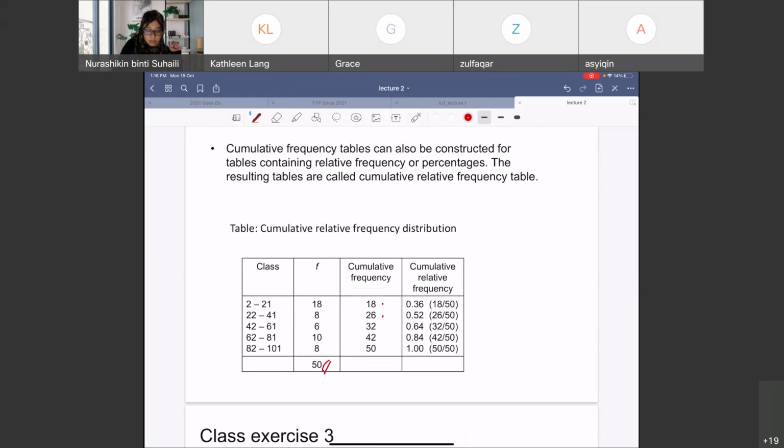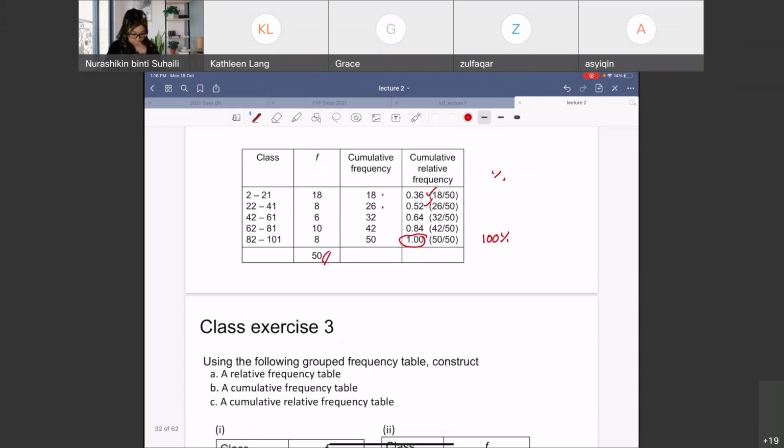It will give you this value, the cumulative relative frequency in decimal points. At the end, it should be 1 because it should be 100%. There is also a percentage; if you convert it, the first one is going to be 36%.